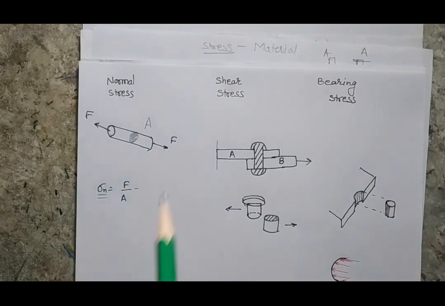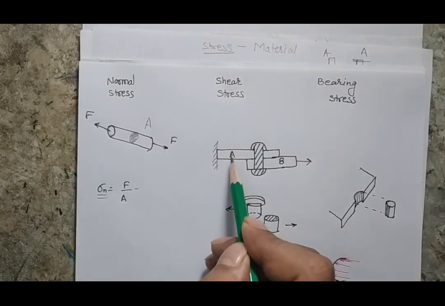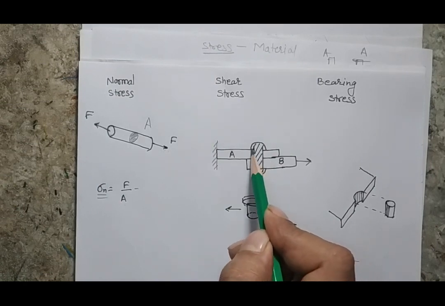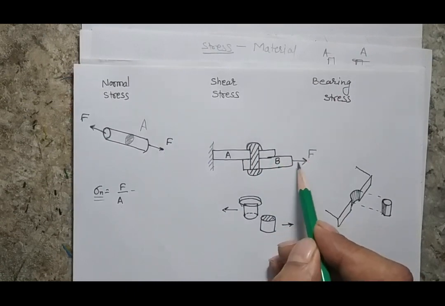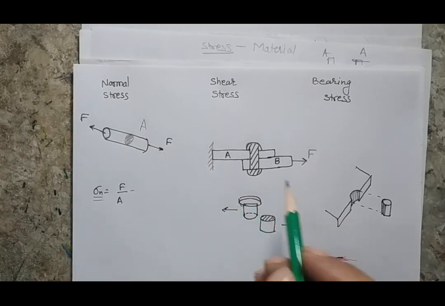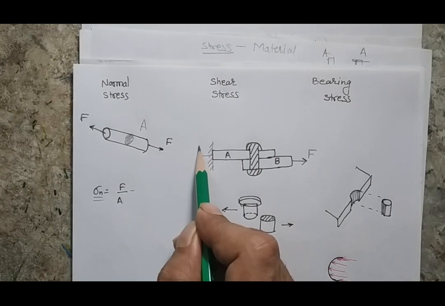The second type of stress, shear stress, can be understood by this example. Here I am showing you two plates A and B connected parallelly with the help of a rivet, and I am applying a force F on one of the plates. The other plate has a fixed connection, so because of the fixed connection there will definitely be an equal and opposite force F here also.